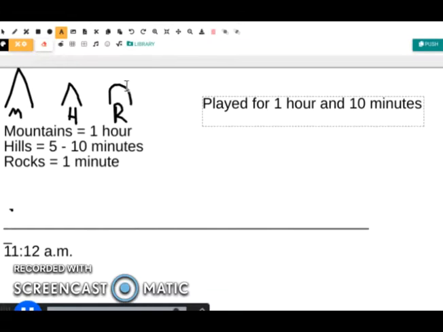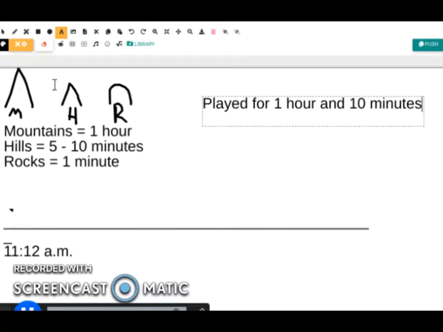The next thing is the rocks. The R stands for rocks, and the rocks are 1 minute. Now we're not looking at seconds here. We're not thinking about seconds because our clock here, we don't even know what the seconds are. So we're not even thinking about seconds. We're looking at to the nearest minute. So we know that recess began at 11:12 a.m. Now, when I'm thinking about that, I know that they played 1 hour and 10 minutes.